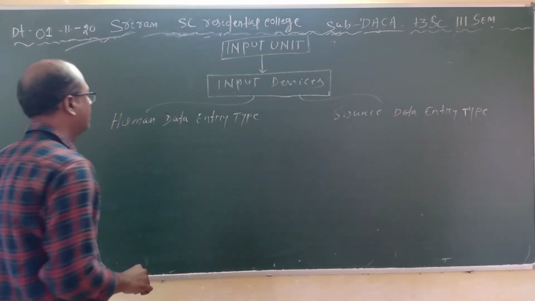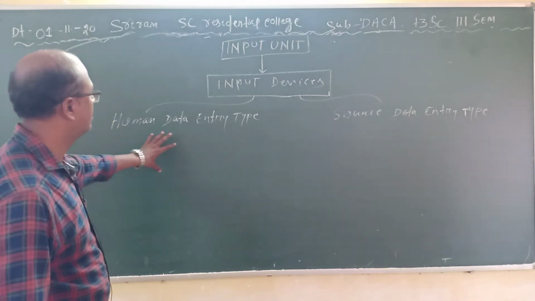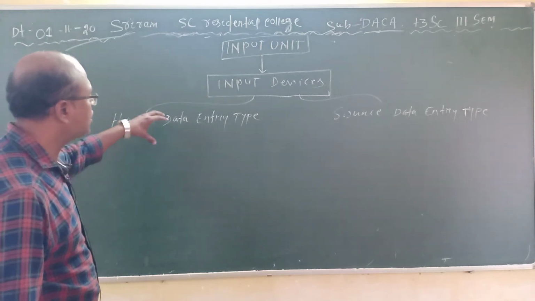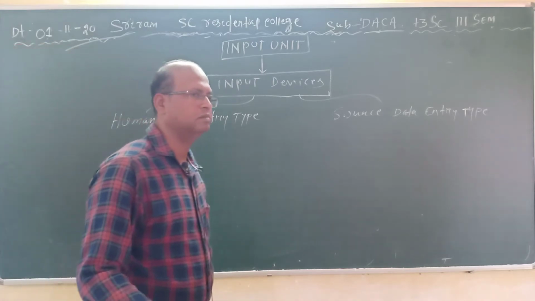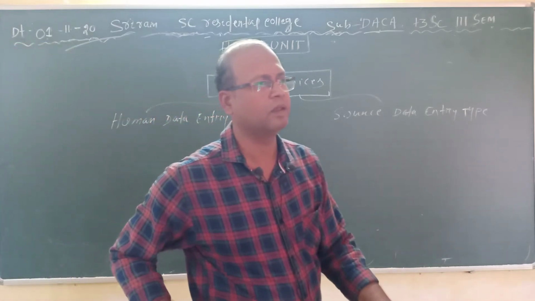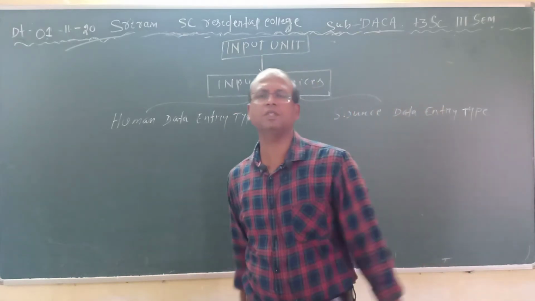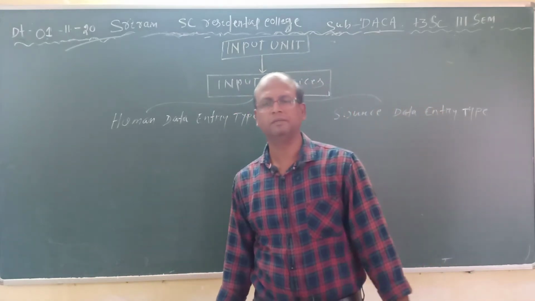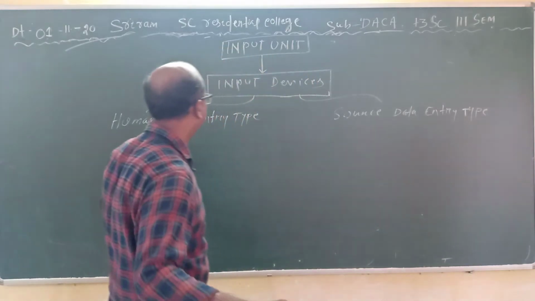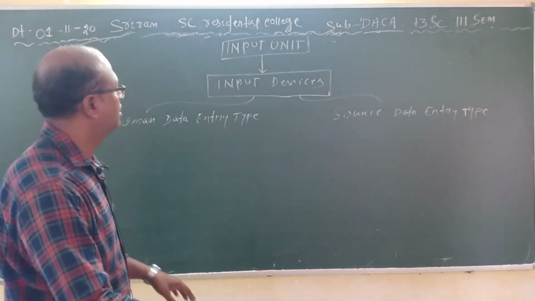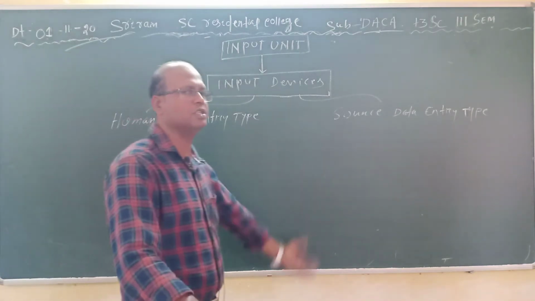Clear? So in the human data entry type, data is inserted into the computer system by the human being, or you can say data is inserted into the system manually. You can find 100% human intervention, human interaction at the time of entering the data into the system.